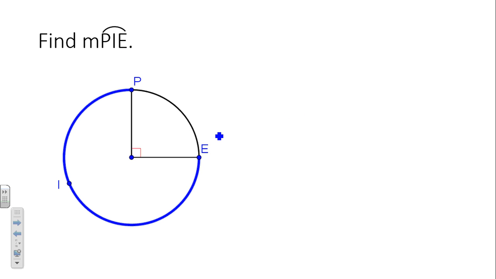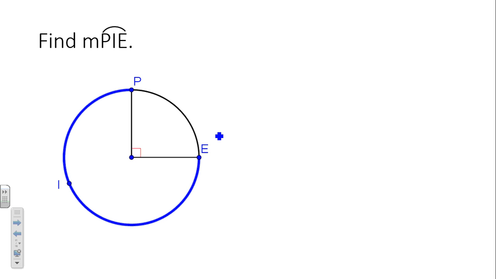Here's where we have to apply what we learned last chapter to what we're doing this chapter. Now, we're asking you to find the measure of, what does that symbol mean? Arc PIE, okay? Whenever we see three letters in an arc name, we know that it's either a major arc or a semicircle, right?